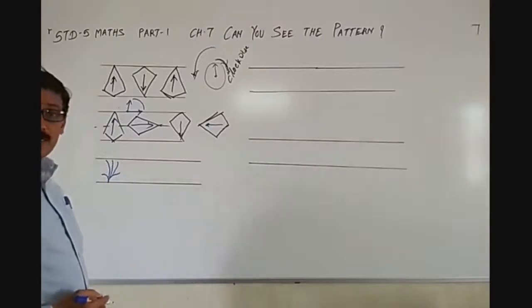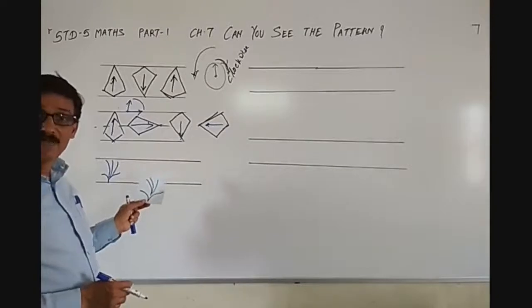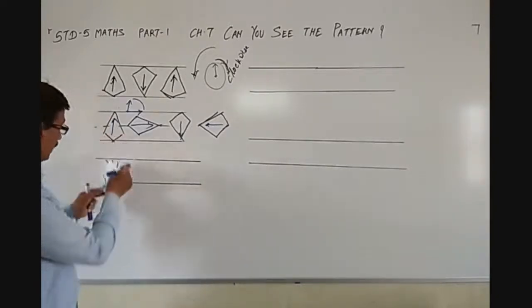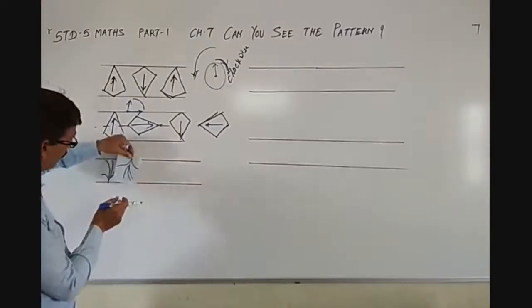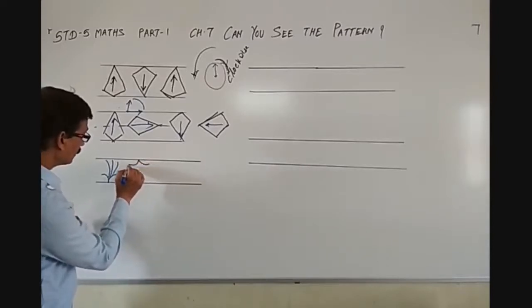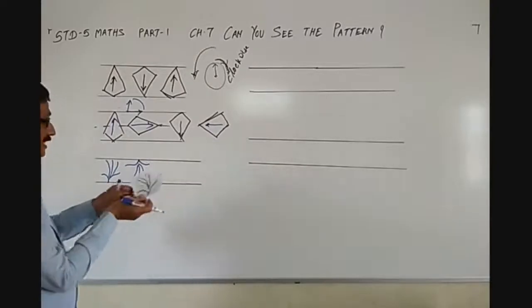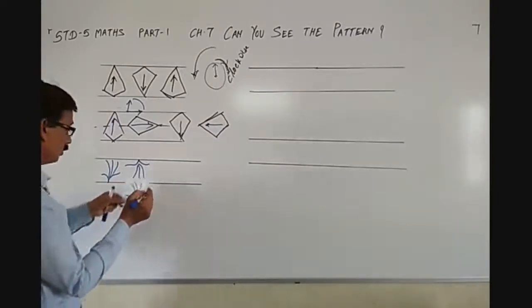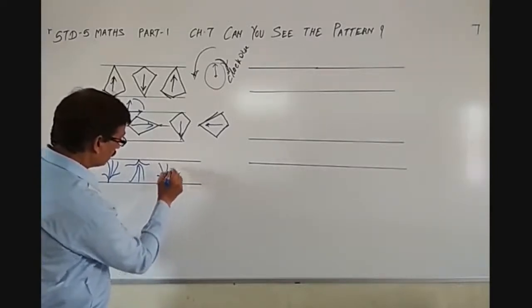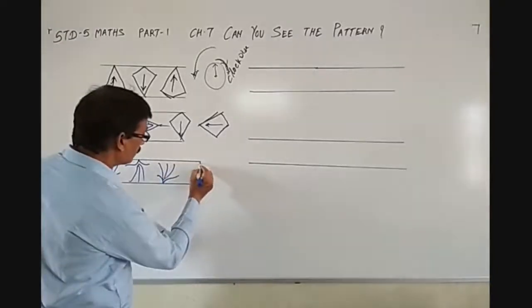Then after, we have to rotate it 1/2 turn. For that, what to do? See, suppose this is, then 1/2 turn will be this much, isn't it? So it will be something like this. Once again, this same pattern 1/2 turn, so it will be something like this. Once again 1/2 turn, it will be something like this.